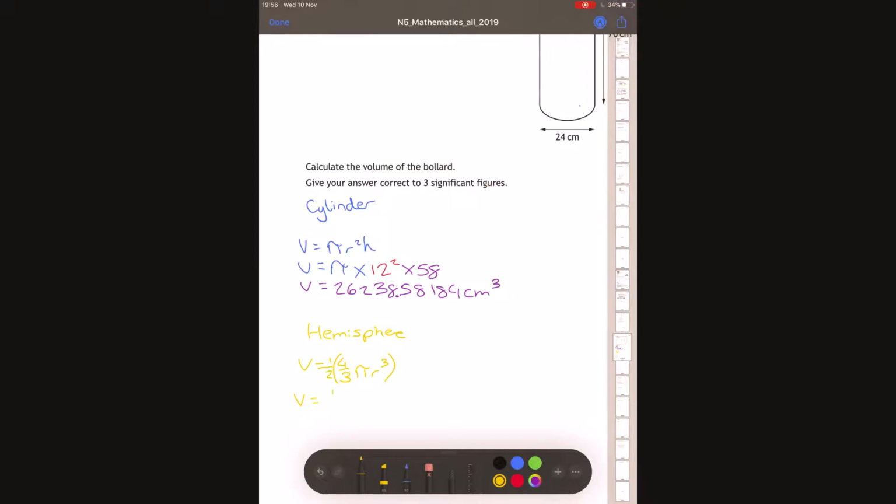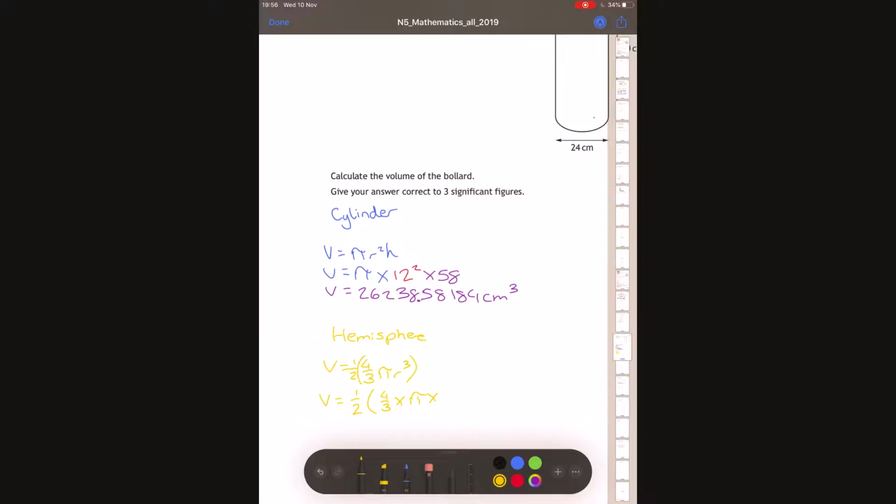Volume equals half times 4 over 3 times pi times, well, we already know the radius, 12. Typing that into my calculator, we get another horrible number: 3,619.114737 centimetres cubed.